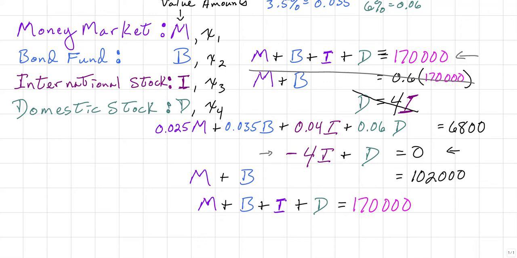And then I could come to this one and subtract B from both sides so that M is equal to 102,000 minus B, and then I can plug that into the other equations and end up with a system that's only got two variables, and then I can use either elimination or substitution. But instead, what I'm going to do is use an online matrix calculator.